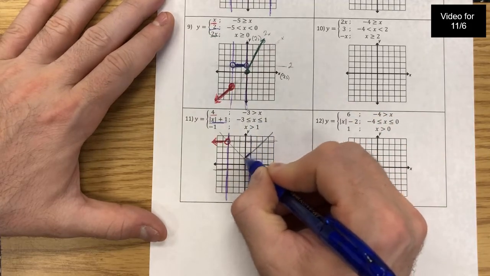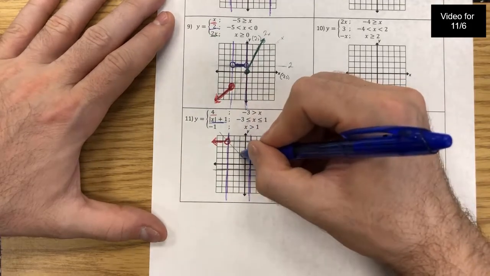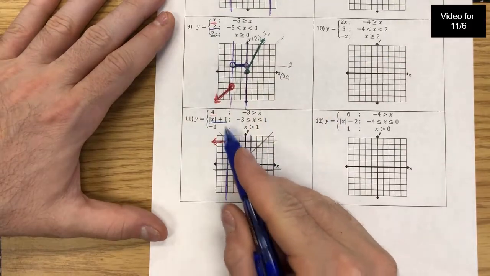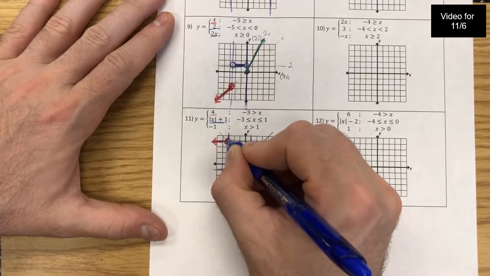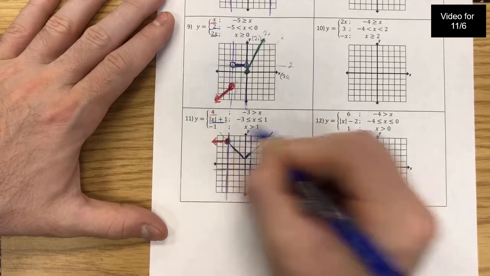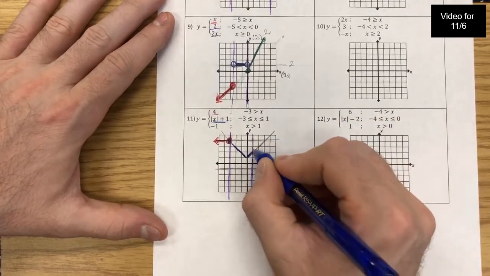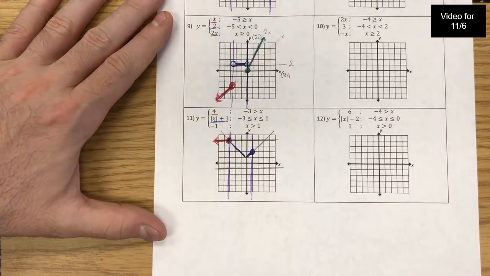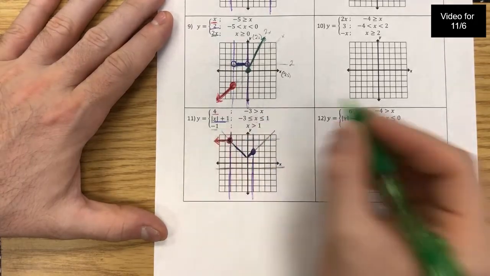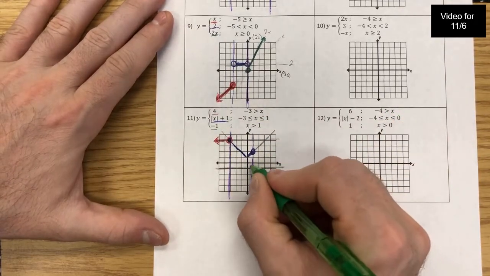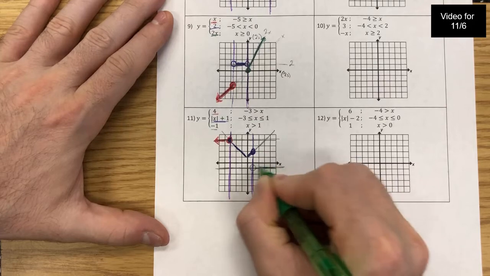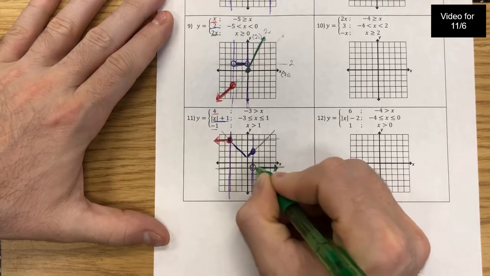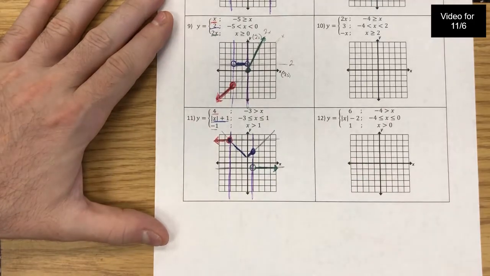So I actually get this whole portion of the V. And what we notice is the fact that even though that point wasn't included in my top graph, it is actually included in my second graph. And we'll talk about what that means in just a moment. My negative 1 is going to be down here. Boom. And there we go.